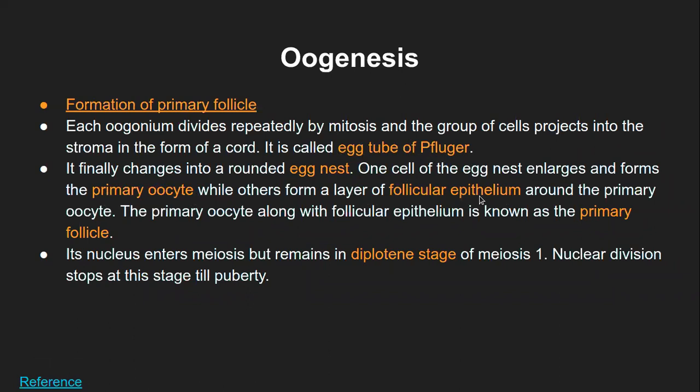Now, what we know of a sperm is that it is a single cell. In the case of ova, we have quite many cells around it apart from the main gamete, right? That is why all these different cells will be present. So from the egg nest, one cell will enlarge and form the primary oocyte, and the rest of the cells of the egg nest will form the follicular epithelium, the epithelial structure of this primary oocyte.